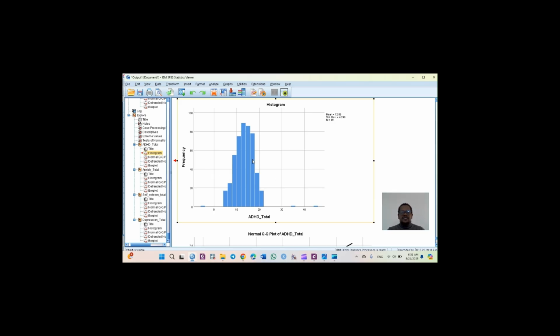From the histogram, we can also see skewness, whether the data is skewed or not. Sometimes the data may be negatively skewed. That means most of the observations are higher than the mean value, and a few extreme low cases pull the mean to the lower side. The other is positively skewed.